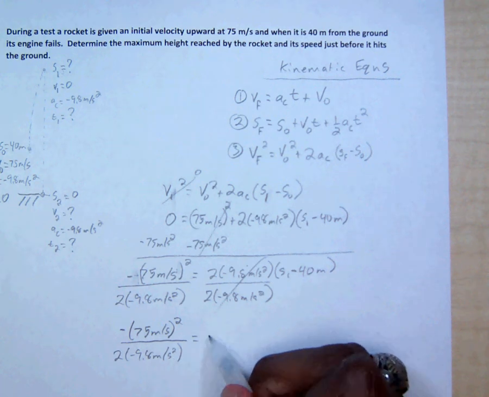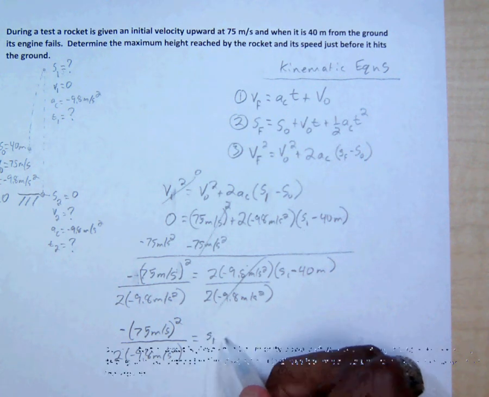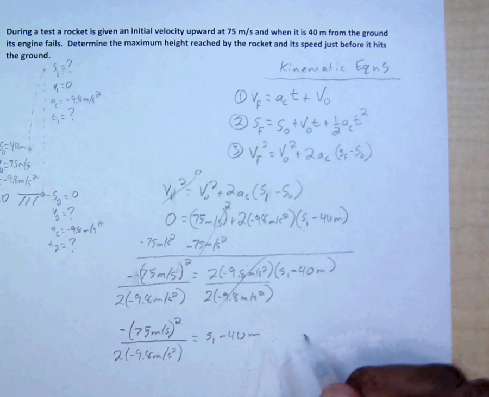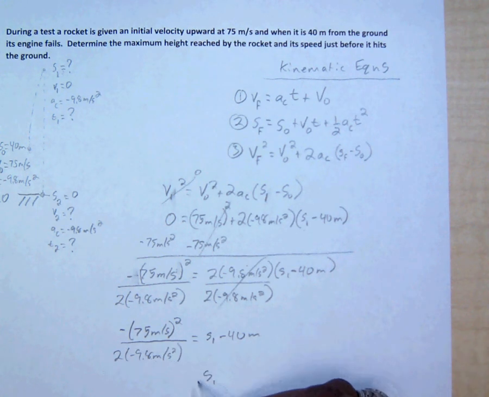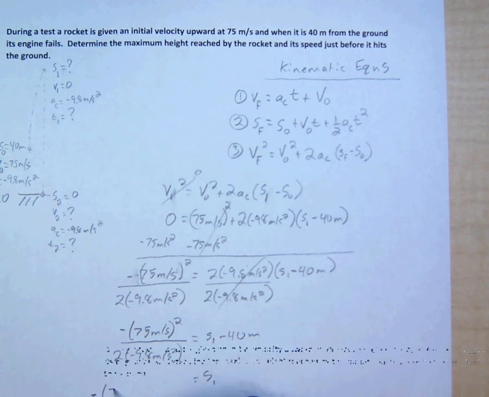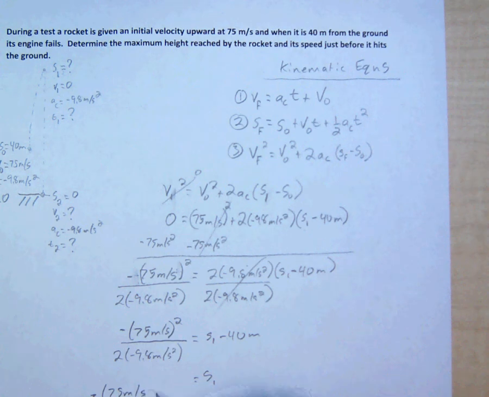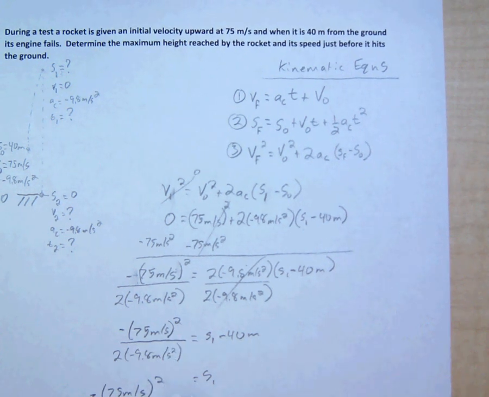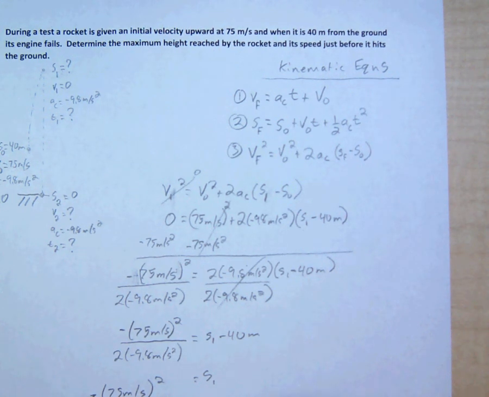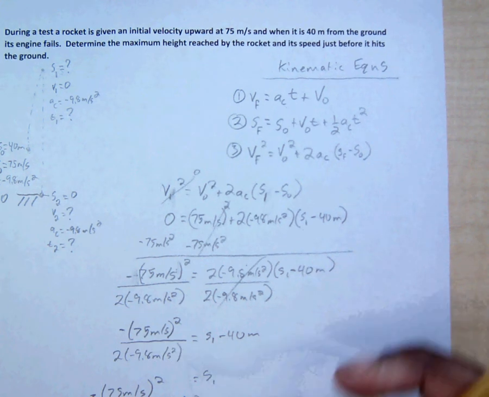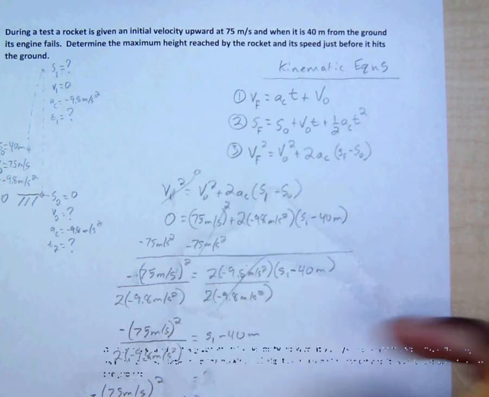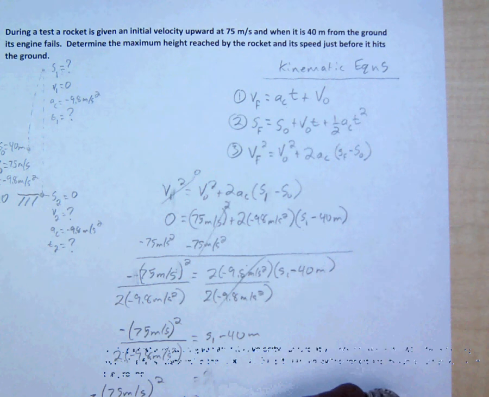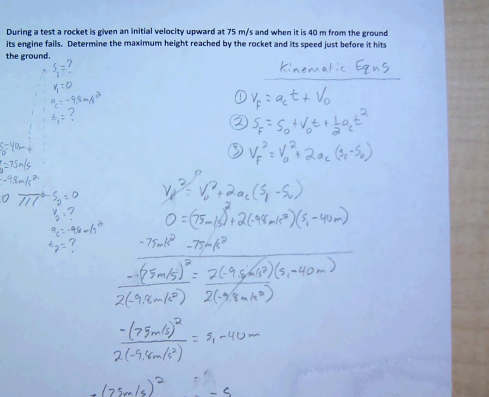That's going to equal my position at point 1 minus 40 meters. So to solve for this position, that's going to give me negative 75 meters per second, squared, all divided by 2 times negative 9.8 meters per second squared. But I have to add 40 on both sides, which will eliminate this 40 here, and get my position by itself.